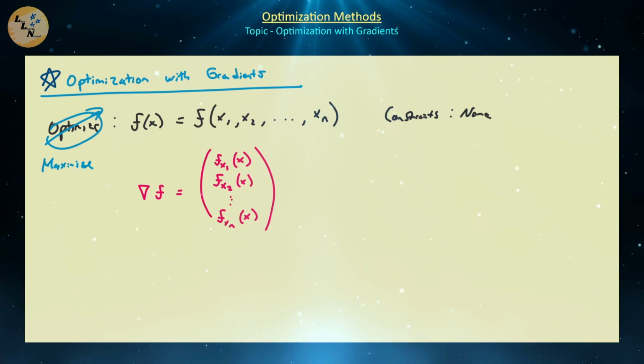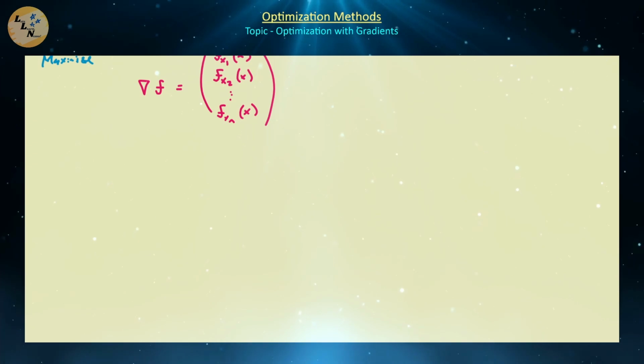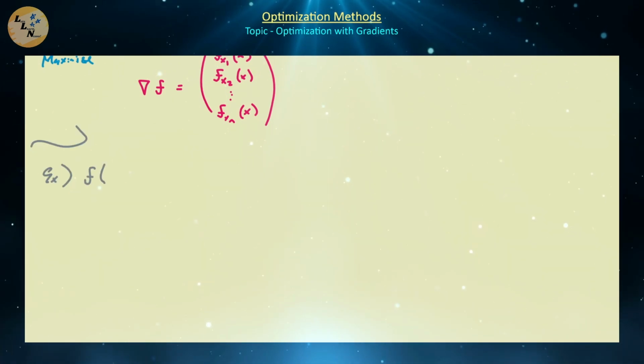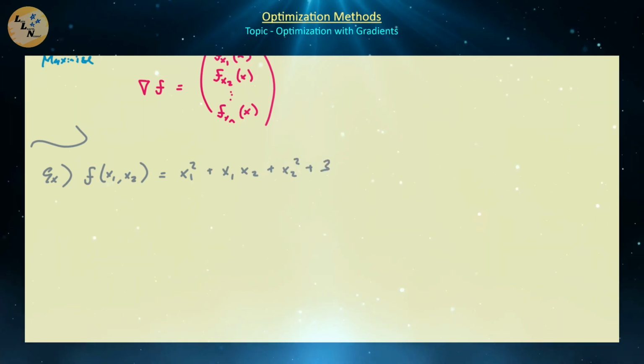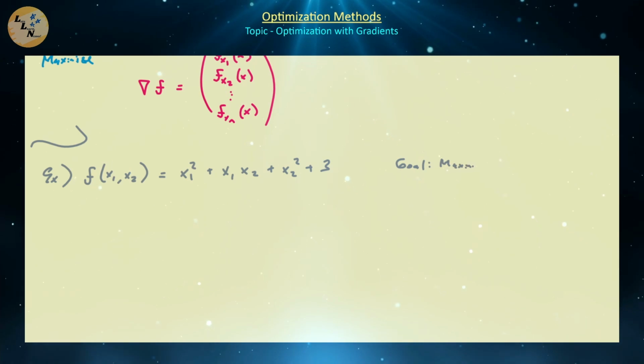So to do a quick pedagogical example of how to use gradients to find the optimal value, let's assume we're just working with some random function. Let's say the function is f of x1, x2 equals x1 squared plus x1 x2 plus x2 squared plus 3, and our goal is to maximize this function with no restrictions.